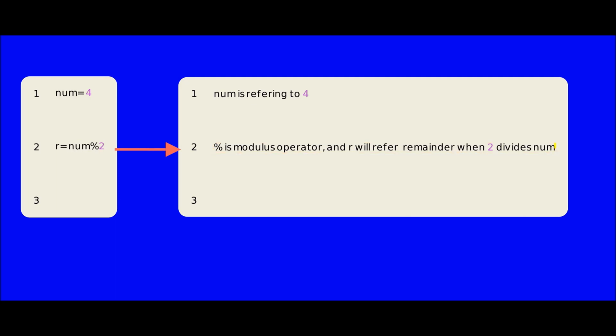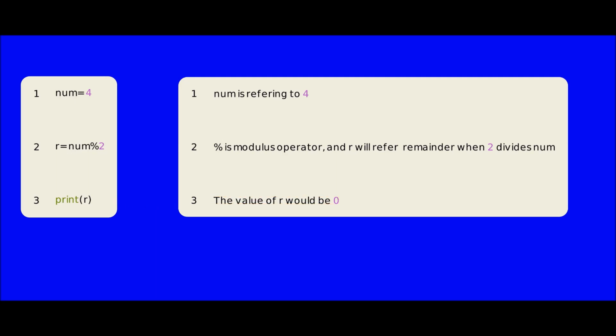Here R will refer to the remainder when 2 divides num, and if you print R, the value of R would be 0 because 2 divides 4.